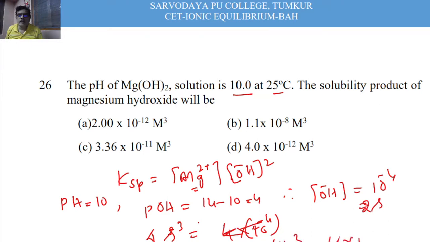That will be 4 into 10 to the power of minus 12. Okay, 4 into 10 to the power of minus 12 is the answer. So the concentration of OH- can be obtained from the pOH, and that should be taken as the value of S. So 4S cube is the value of Ksp, that will be 4 into 10 to the power of minus 12, and that will be the answer.